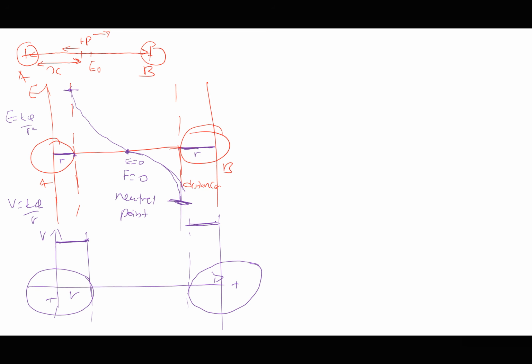But as I move far from charge A, closer towards charge B, the potential decreases. Potential is high when I'm very close to this charge. It decreases to a minimum value midway between the two charges. Now it starts increasing, but it is still positive. So the graph for potential will have a minimum at the midpoint.